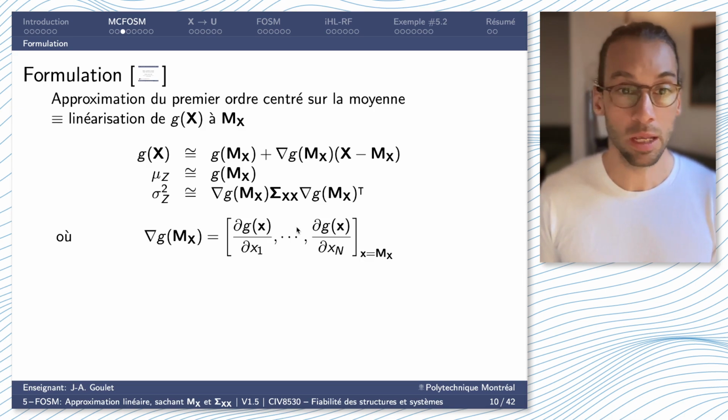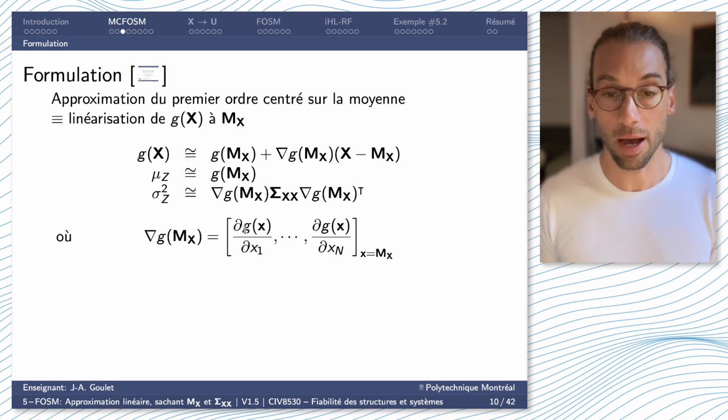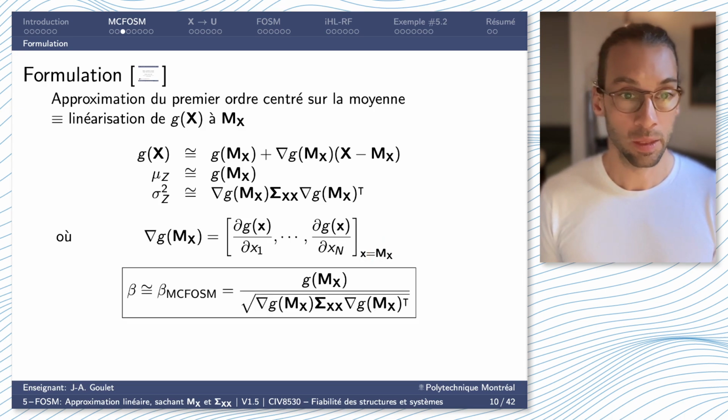Remember, that gradient vector is the partial derivative of my limit state function with respect to each of my input variables, and I evaluate these partial derivatives at a specific point, the mean value.